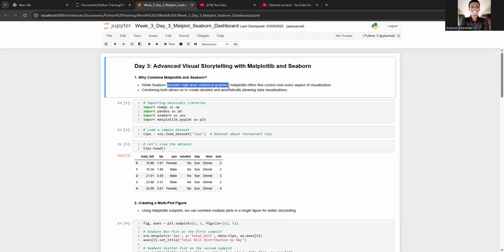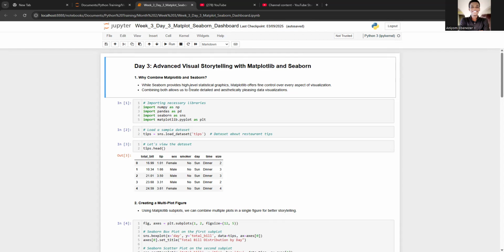So when you need high-level statistical graphics, just like when you take a picture, taking the picture could be the work of Matplotlib. So it generates the visualization. Not that the other guy cannot do it, but Matplotlib will generate it.